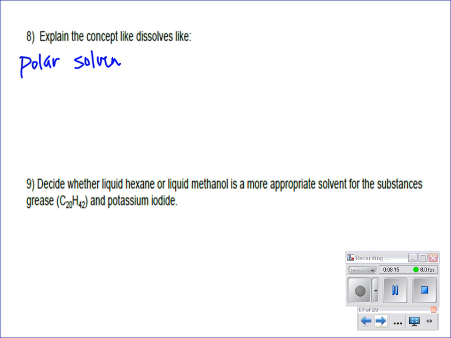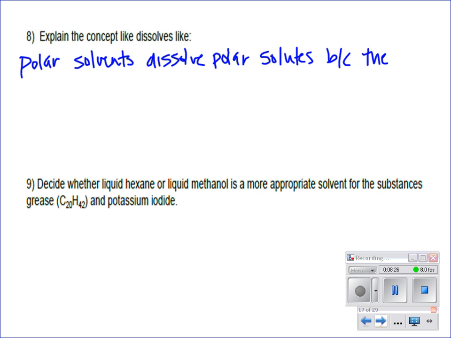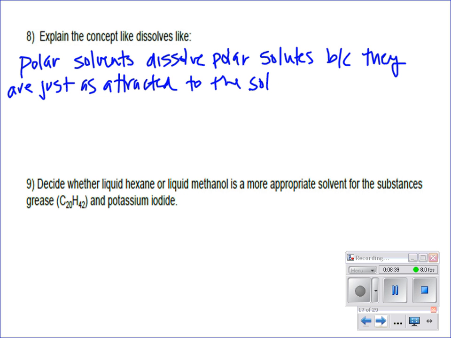Polar solvents dissolve polar solutes because they are just as attracted to the solute as they are to themselves, and vice versa for nonpolar.